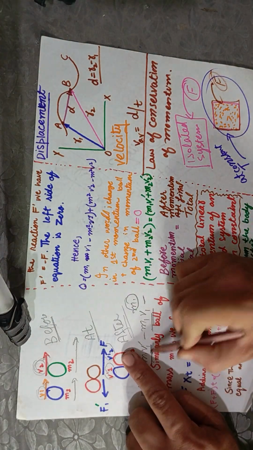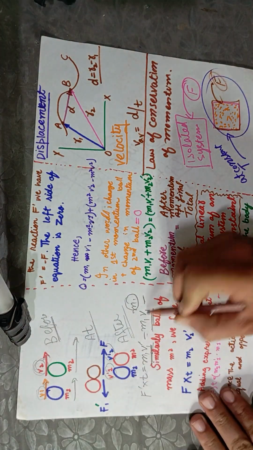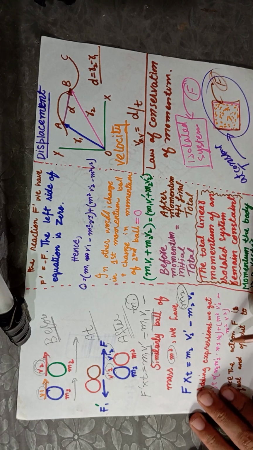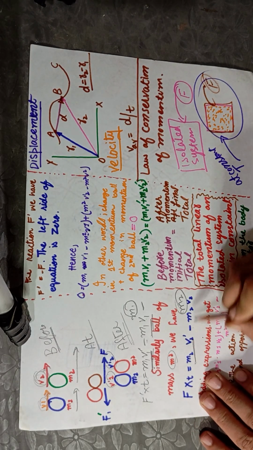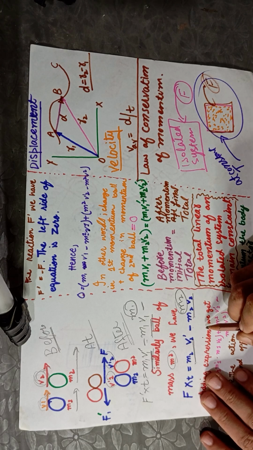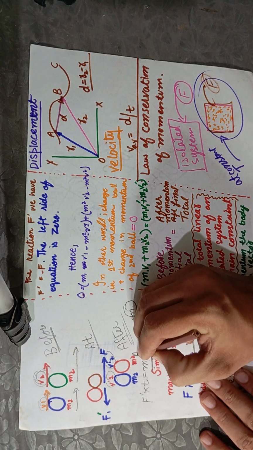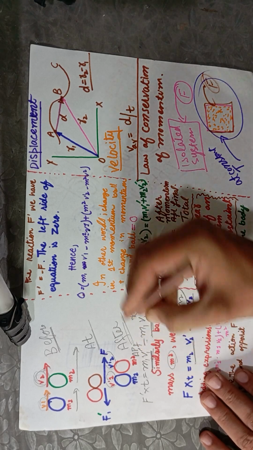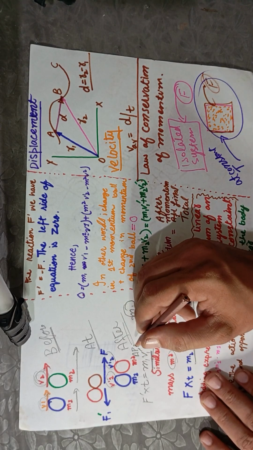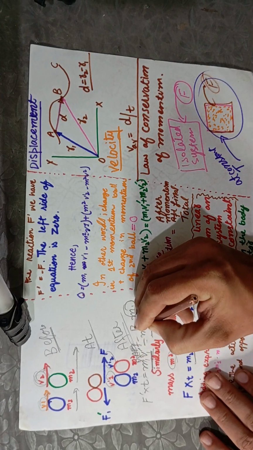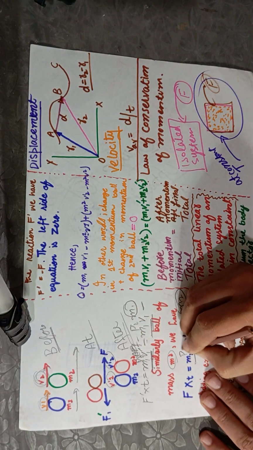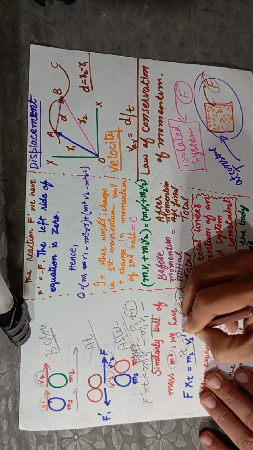Similarly, for mass m2, m2 v2, final momentum minus initial momentum. It means change in p is pf minus pi.